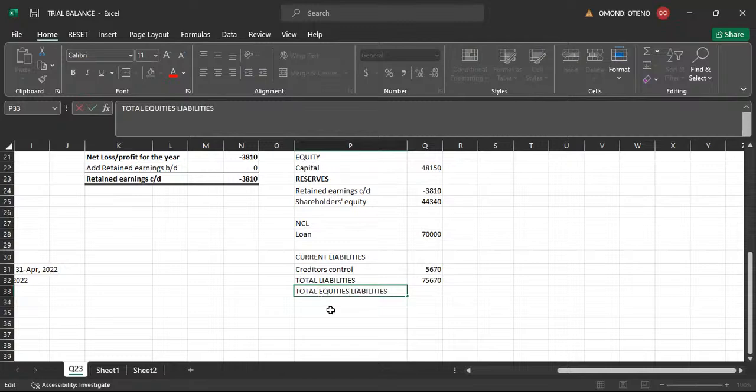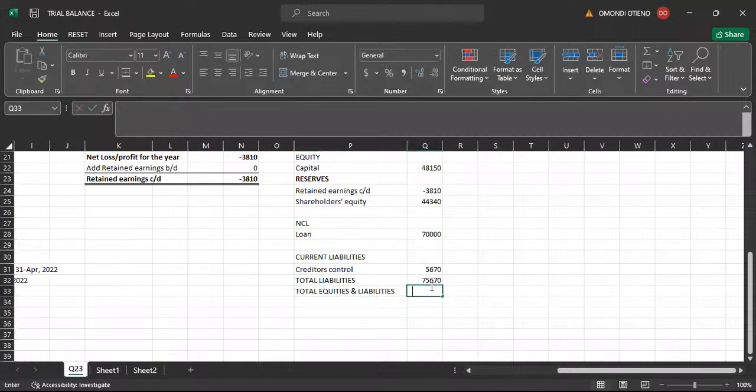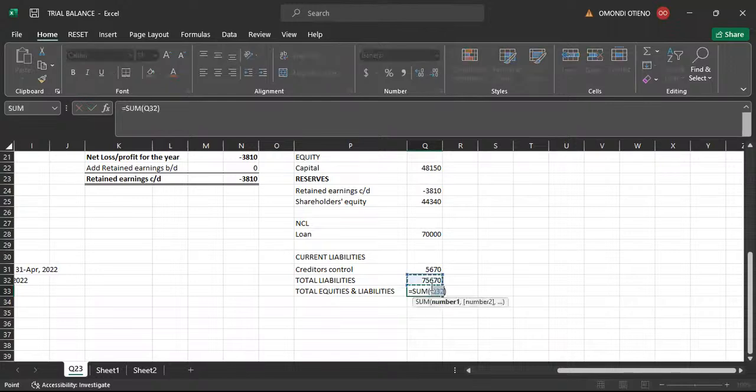Total equities and liabilities should be the summation of total liabilities and shareholders' equity.